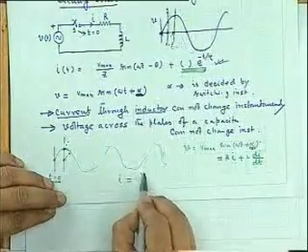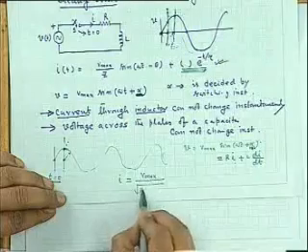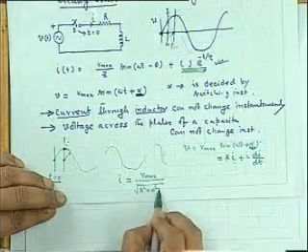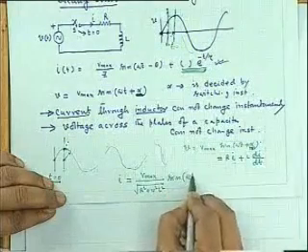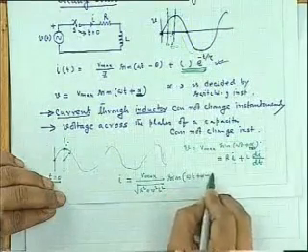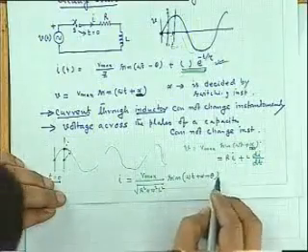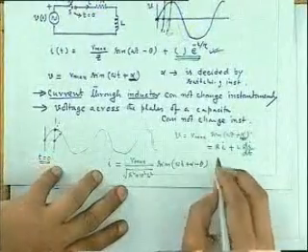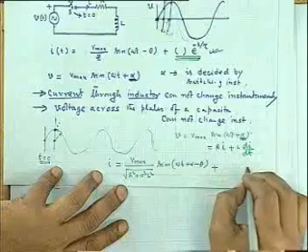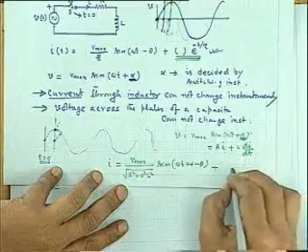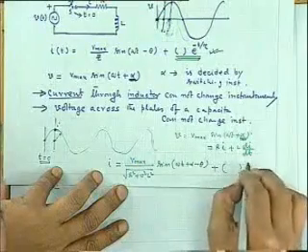Now, what will be the response of the current? The response of the current will be this one: V max by root over R square plus omega square L square, sine of omega t plus alpha minus theta, where theta is tan inverse omega L by R. And then another transient portion will come.